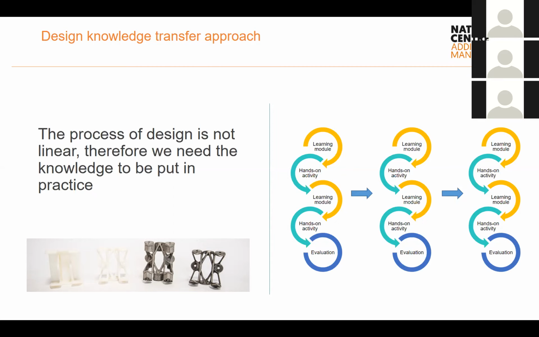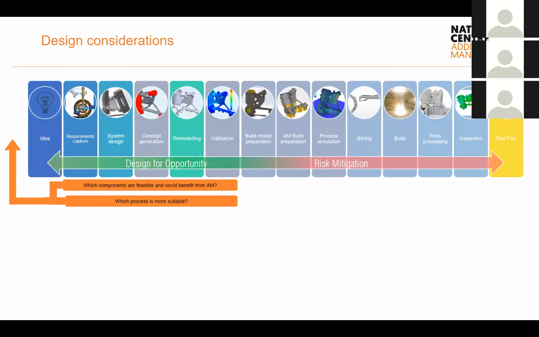That helps us grow in implementing that knowledge, because at the end, once we are in the design workflow, in the remodeling step, you need to already think how you're going to inspect the part. So we need to implement that very early in the process. To transfer that knowledge, that's why we need an iterative process.